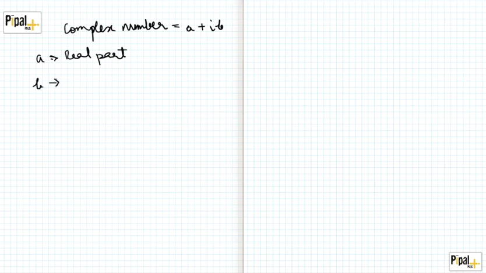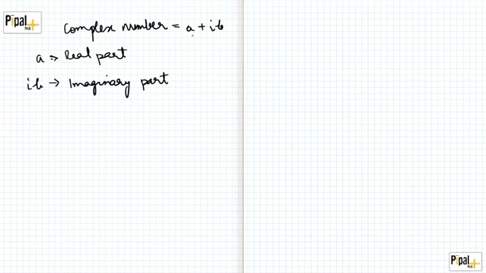Now a complex number is a combination of real and imaginary, right? So a complex number will typically look like this, okay, where A is the real part of the complex number, right, and B, or rather IB, is the imaginary part of the complex number.